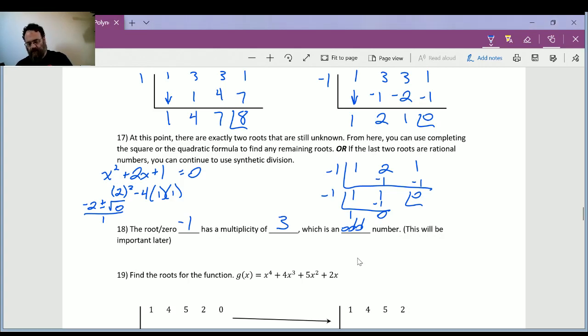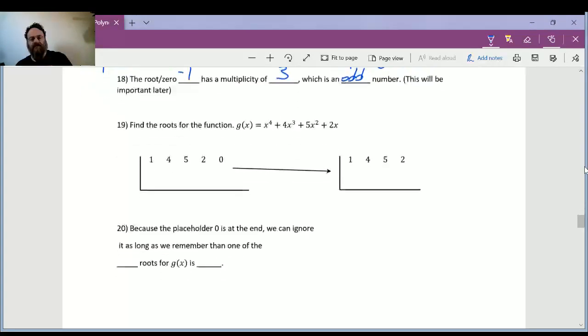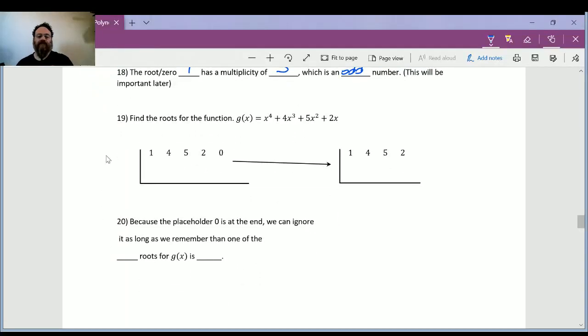Okay, let's see how much we can get done here in like the next 10 minutes or so. Find the roots for this function. Now, you might have remembered me saying before, we might have still been in class when we did this one, but placeholders. Degree of 4, 3, 2, 1. What we're missing is the constant. So we need a placeholder at the end.